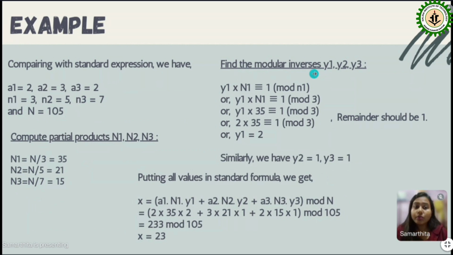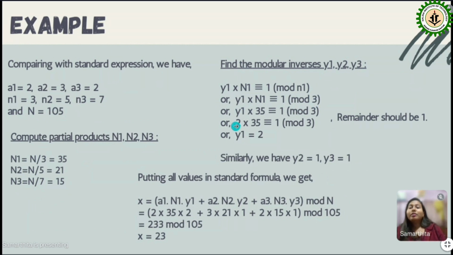We have declared the value yi. Here also there are three values, I equals 1, 2, 3, y1, y2 and y3. And see first how we will calculate the value of y1, that is y1 into capital N1 congruent to 1 mod N1. y1 into N1 is 1 mod 3, the value of N1 equals 3.